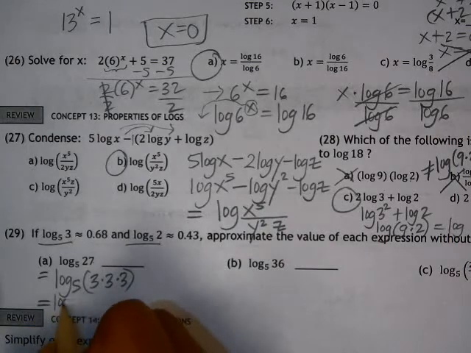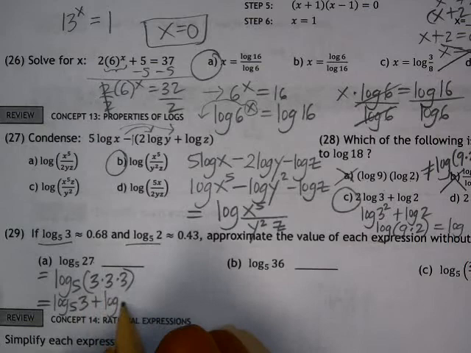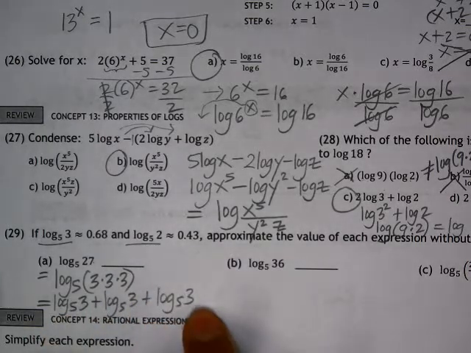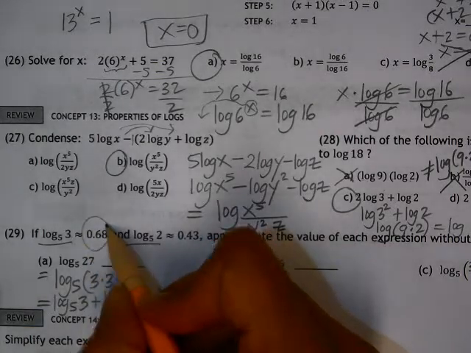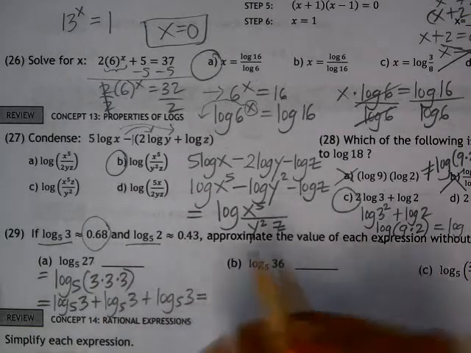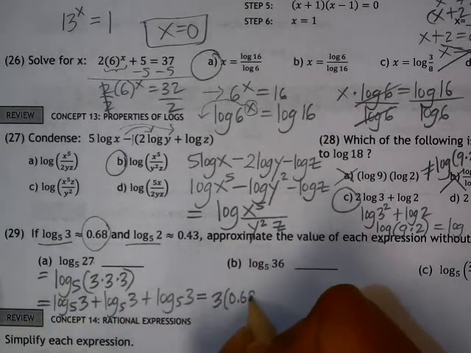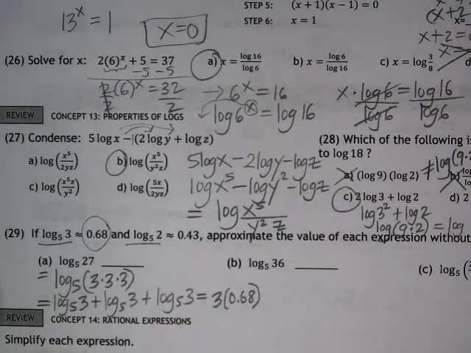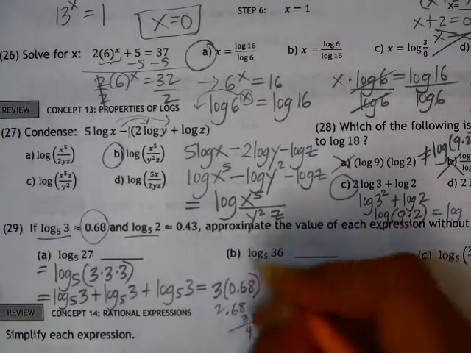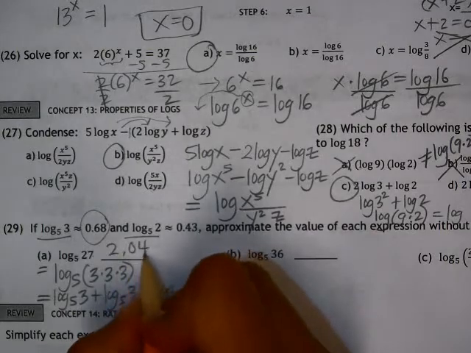By using the product property, we know that this is equivalent to log 3 plus log 3 plus log 3. So all that I have to do now to figure out the decimal equivalent is to substitute log base 5 of 3 equals 0.68. And I'm adding it 3 times, so 3 times 0.68. So if we multiply 0.68 times 3, we get 2.04.